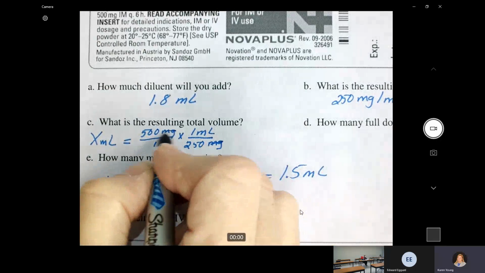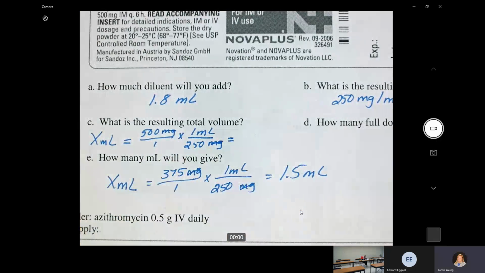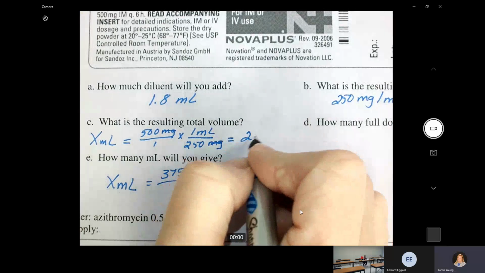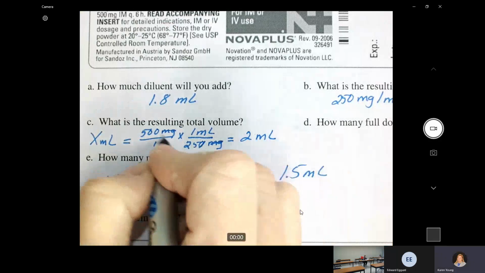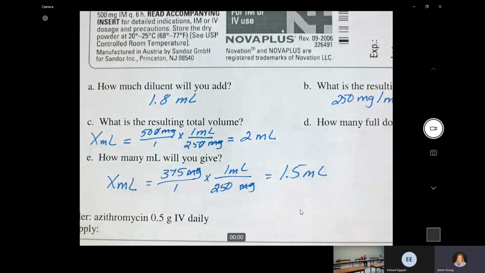My milligrams cancel. What's my total volume? 2 milliliters. Because the zeros will cancel and I have 50 divided by 25. I have 500 divided by 250, still 2.